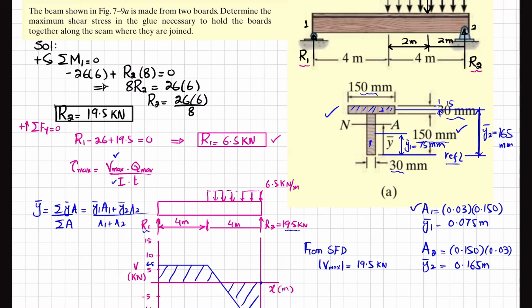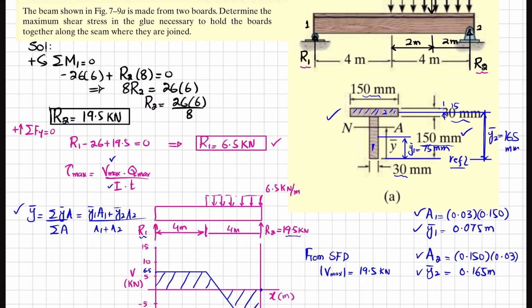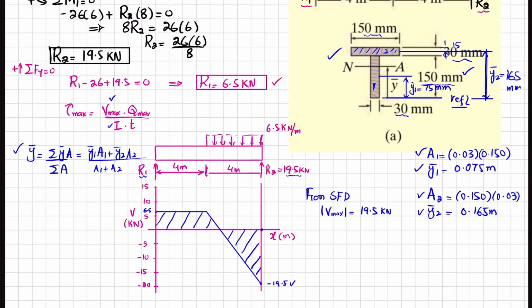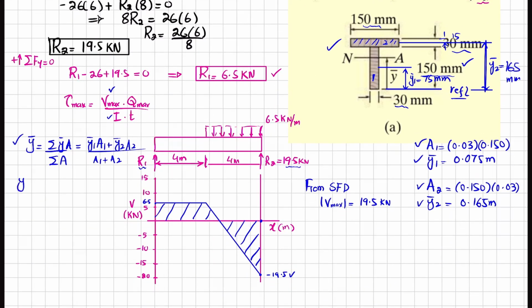Now you have A1, Y1 dash, A2, Y2 dash. Just plug it in this formula. So let me plug it. So you will get Y dash bar is equal to Y1, which is 0.075 multiplied by area A1 is 0.03 multiplied by 0.150 plus Y2 dash.